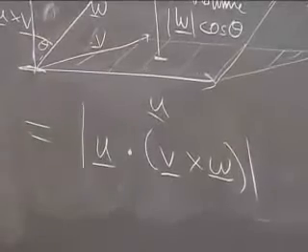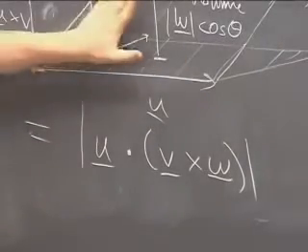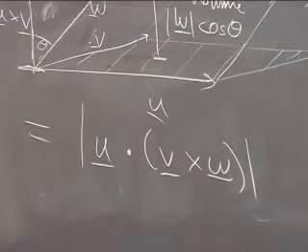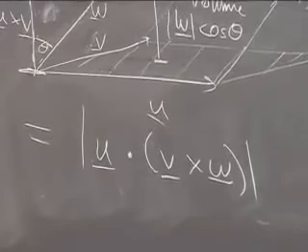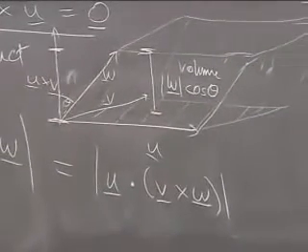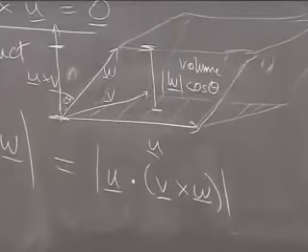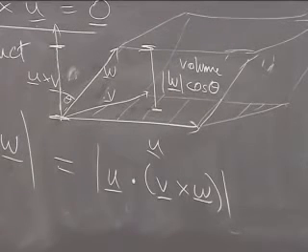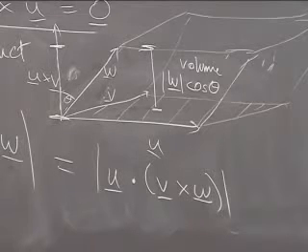It doesn't matter whether you take that to be the base, or this to be the base, or this to be the base. No matter how you permute these things, as long as you take the cross product first and then take the dot product, it doesn't matter which order you do this in. It's kind of nice. If you drop the absolute values, it does matter, because you might get the minus of the other. So actually this is even true without the absolute values, but it's not if you switch the U and V around.